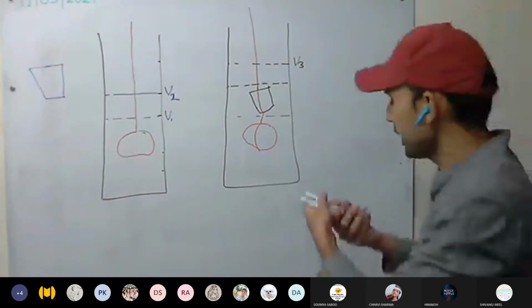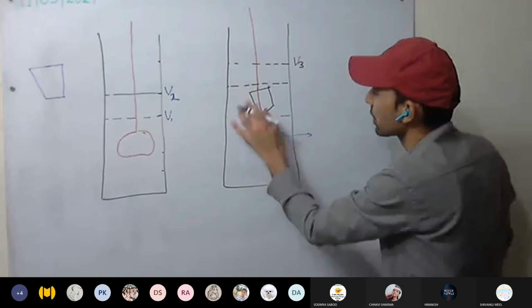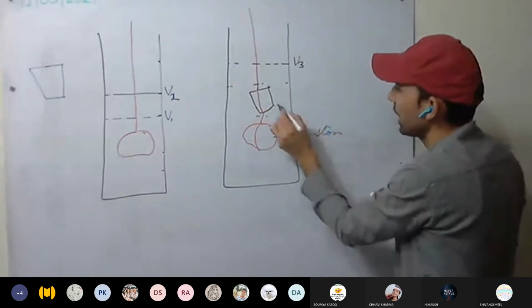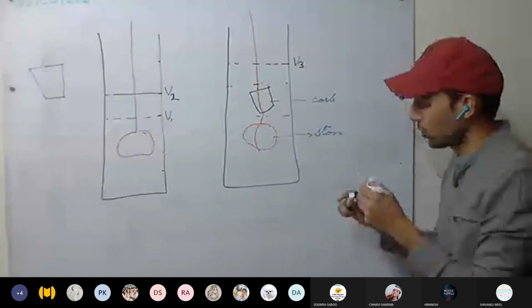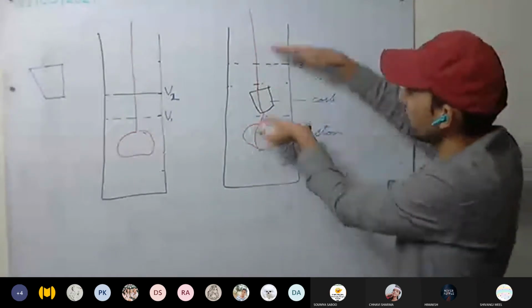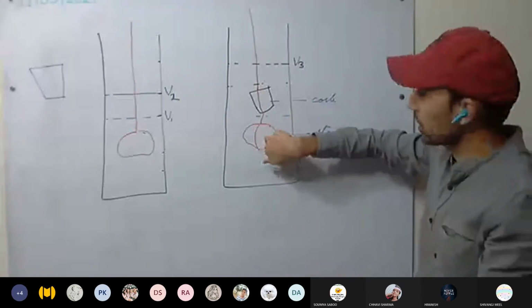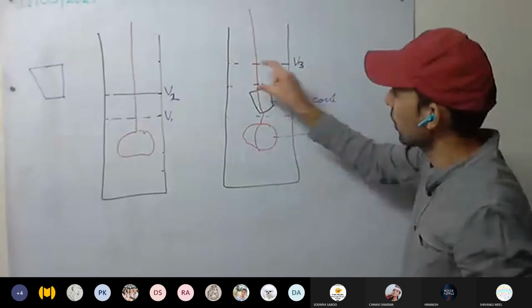Now you can see this. This is our stone, and this is the cork. Both are completely immersed inside the water. So whatever volume level has been displaced will be equal to the sum of these volumes. And we have to find only the volume of the cork. So the volume of the cork will be what?